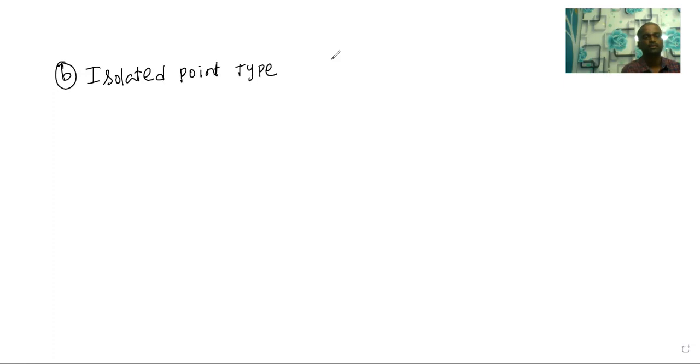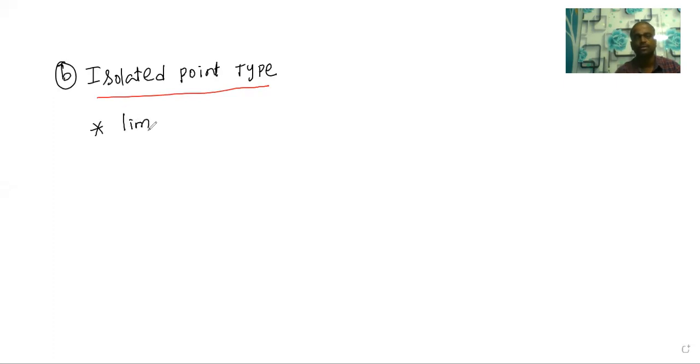Next, in removable type discontinuity, what is the second one? Isolated point type discontinuity. Basically it comes under removable type discontinuity.